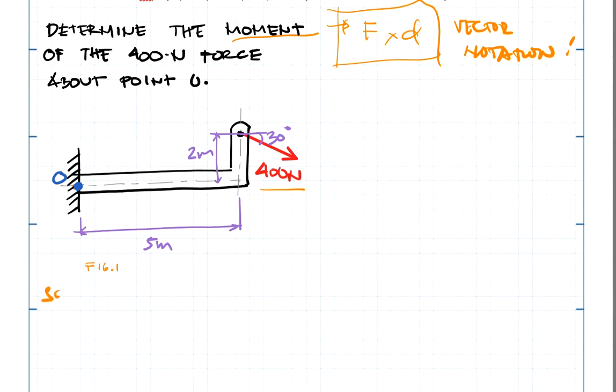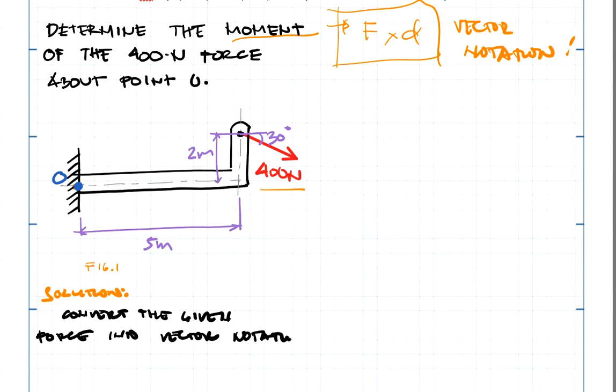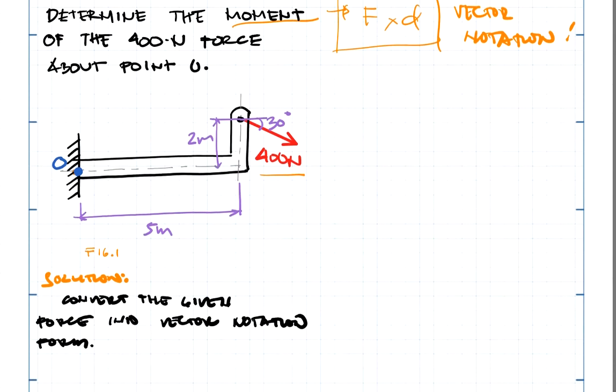For our solution, let us first convert the given force, this 400 Newton here, into vector notation form.